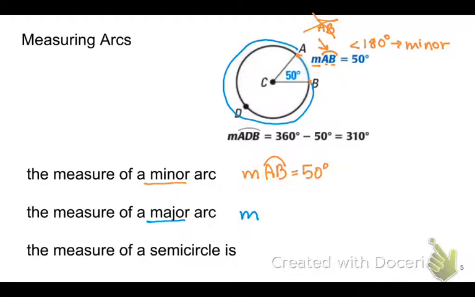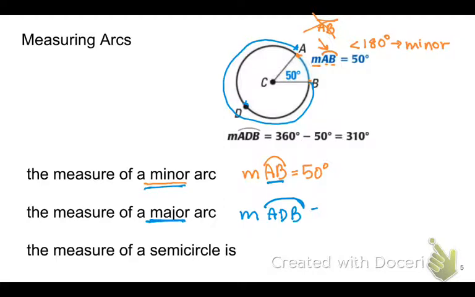You need the starting point, which is A. You need a point somewhere on the circle, so here's D. And then you need the end point, which is B. You have the measure of arc ADB, and again you have this curvy line over the three letters. So that's how you tell. If you're just given MADB in a problem, you know that is a major arc. It's going to be greater than 180 degrees. If you're just given two letters for an arc, then you know that it's a minor arc.